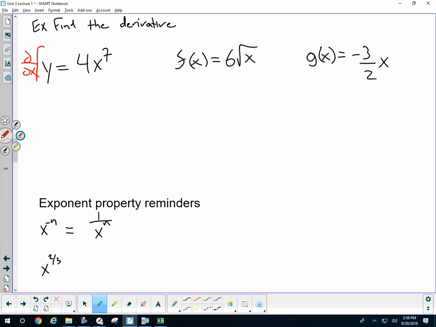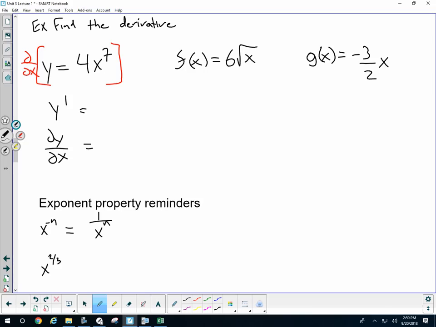Get used to saying, okay, I'm going to take the derivative. Taking the derivative means I'm going to find the equation of the tangent slope generator, and you would take the derivative of y, and you'd say, oh, that's y prime. Or, using the notation dy dx, you can say dy dx, tangent slopes, are equal to.